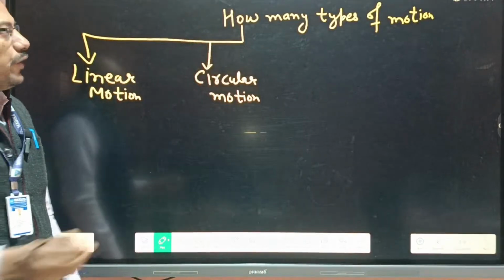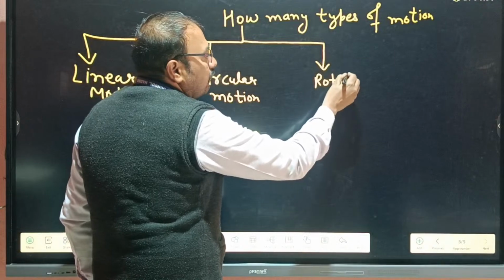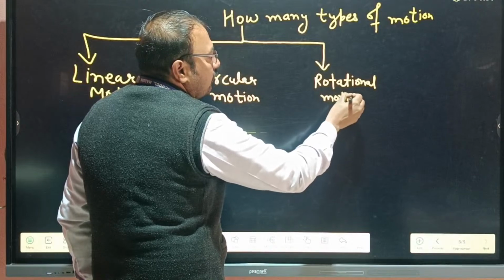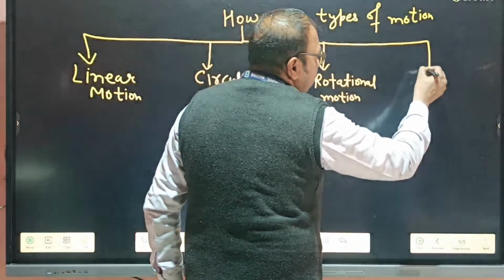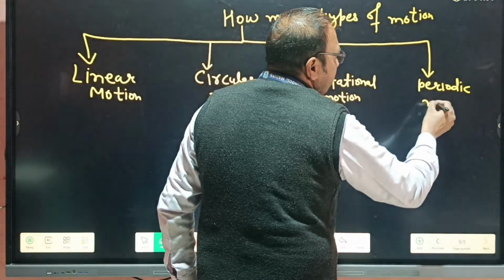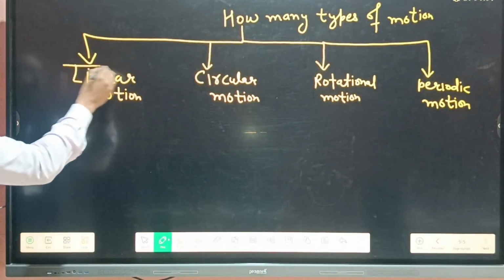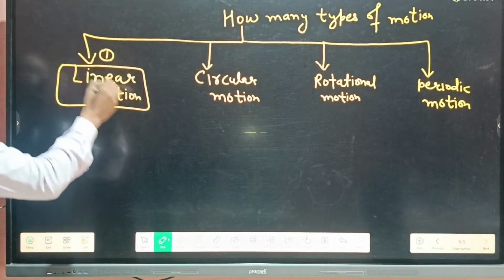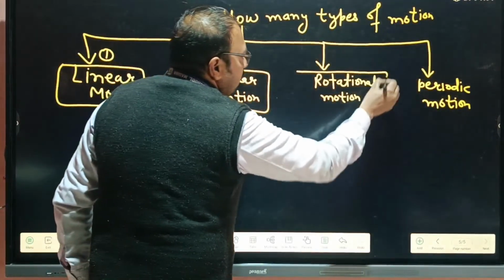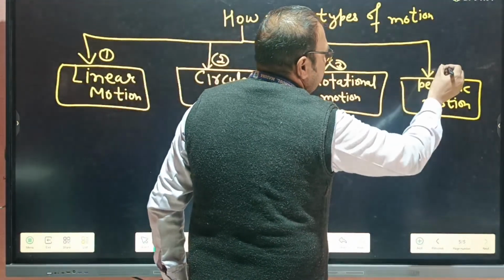Third is rotational motion. And fourth is periodic motion. So these are 4 types. This is first, this is second, this is third, and this is fourth.